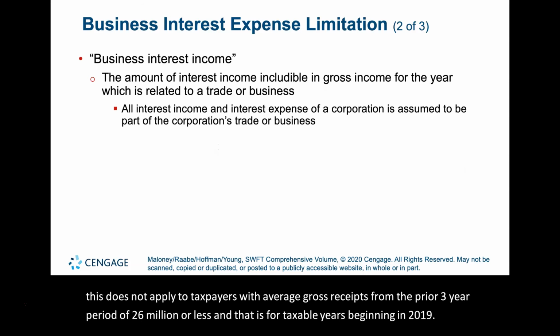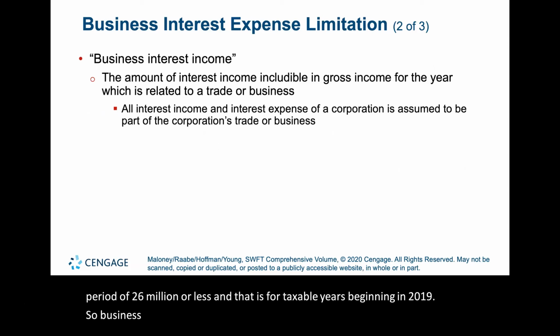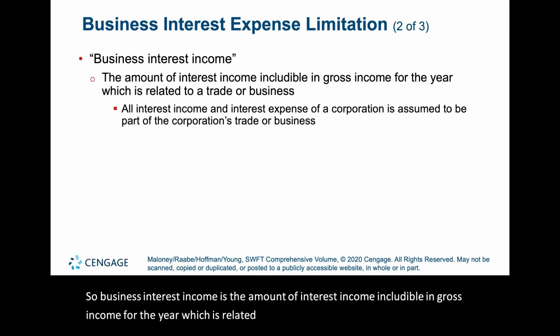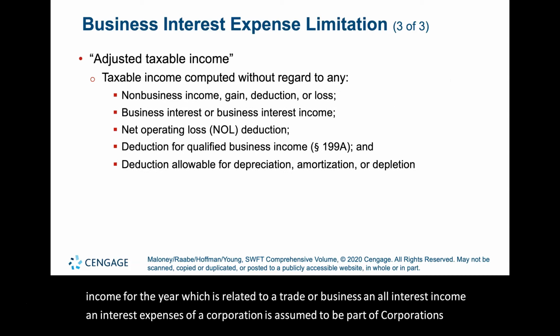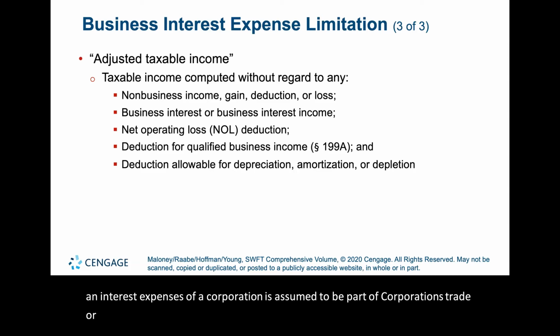So business interest income is the amount of interest income includable in gross income for the year, which is related to a trade or business. And all interest income and interest expenses of a corporation is assumed to be part of the corporation's trade or business. And then we have adjusted taxable income.